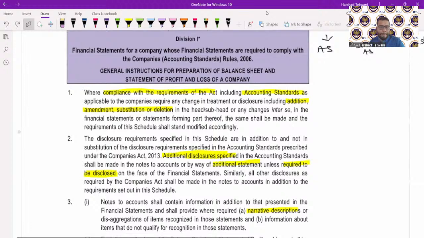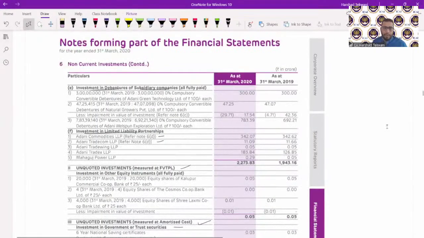Okay. Let's say this particular note is there. Okay, particular note, non-current investment.